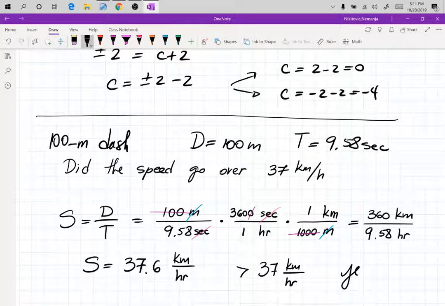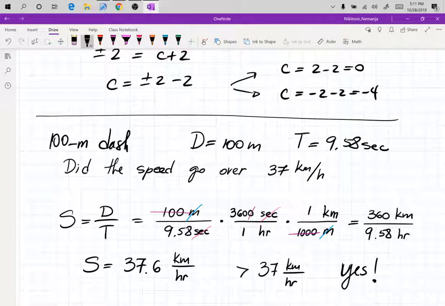So yes, he did run faster. He actually ran faster than 37.6. We don't know how high they went, but definitely at least 38 kilometers per hour, if 37.6 was the average. And think about it, right?